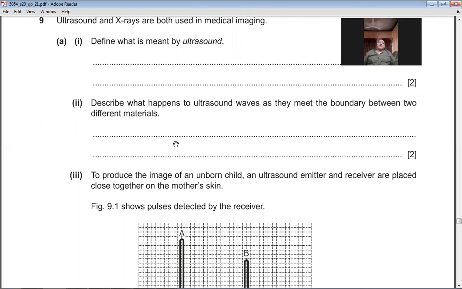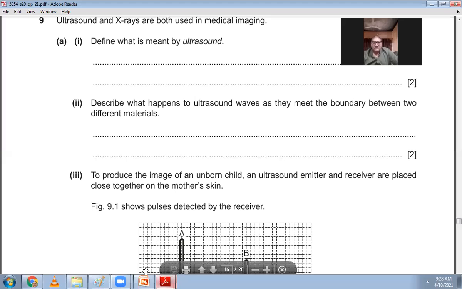Or you can say some will be absorbed by the second medium. So this is what happens when the ultrasounds come across the boundary of 2 materials.